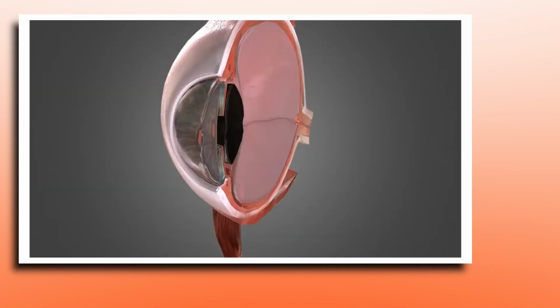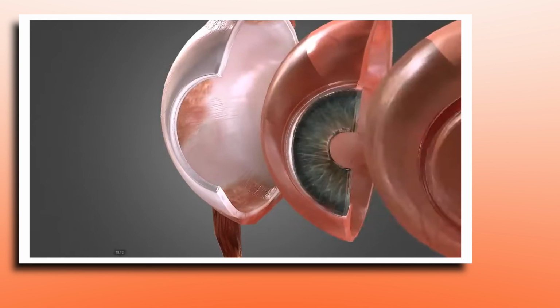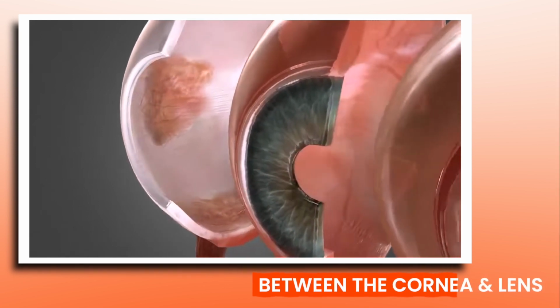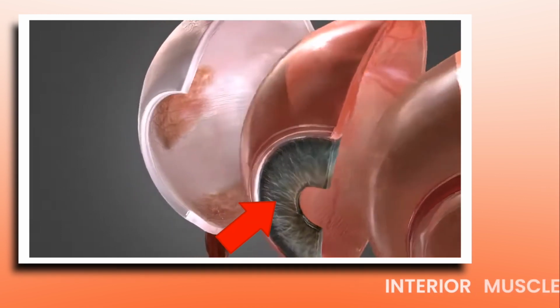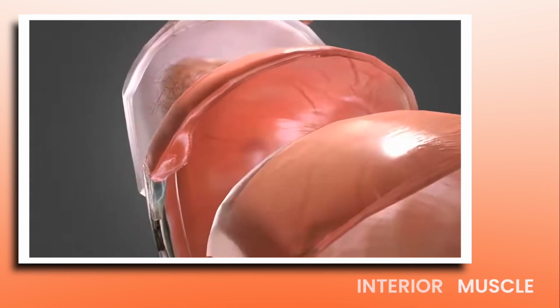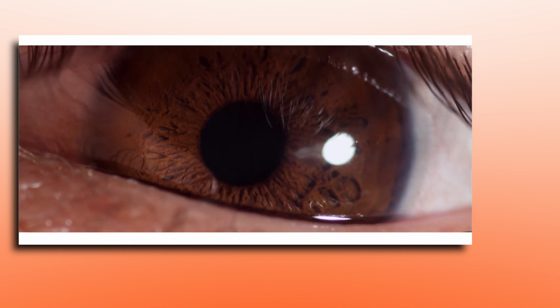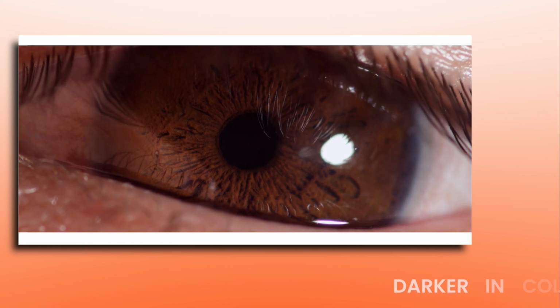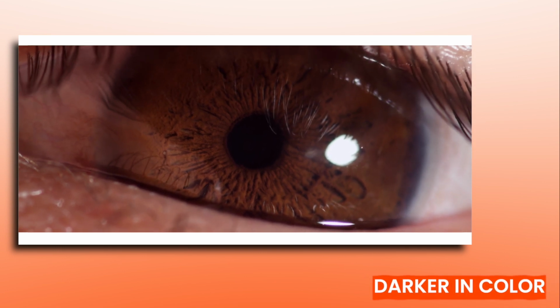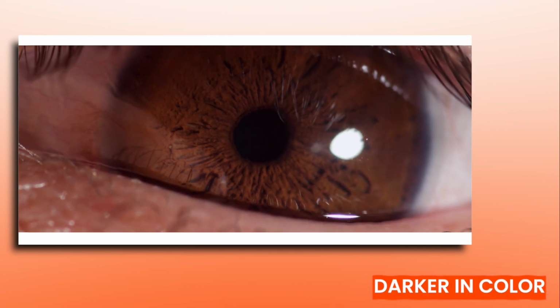The iris is the colored portion of the eye positioned between the cornea and the lens. So, the iris is the interior muscle of the eye. The iris gives color to the eye. In tropical countries, you will see that the iris is darker in color because you need to protect the eye from bright sunlight.